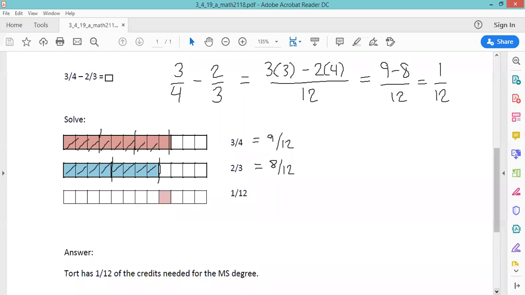And you can see here we have taken the 3/4 in a visual and in a number. We have also transformed that number into 9/12 numerically and visually.